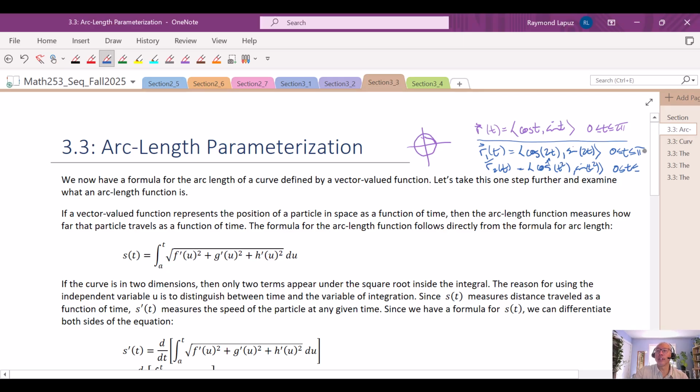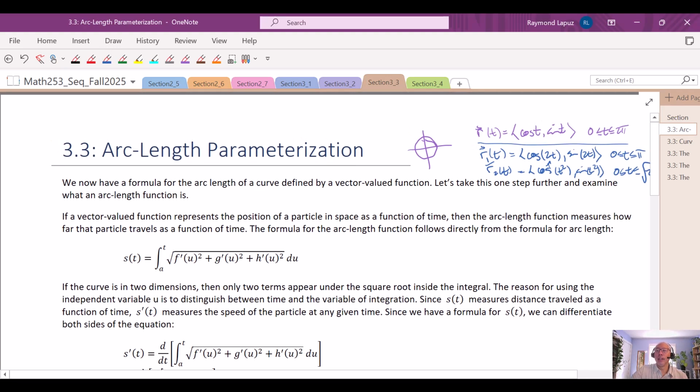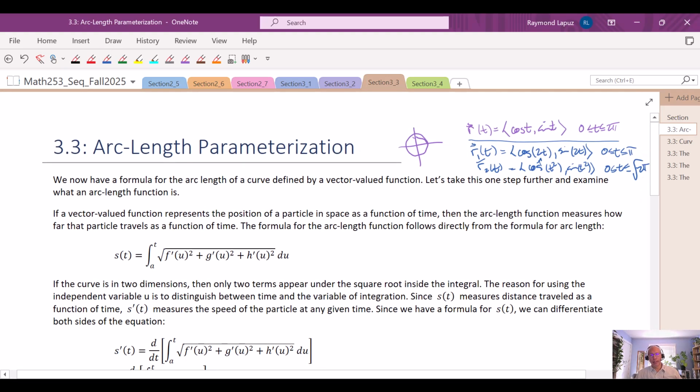So I think that's going to be the square root of 2 pi. In any case, there are an infinite number of ways to parameterize any curve that we're talking about. It's just a matter of controlling the limits and things like that.